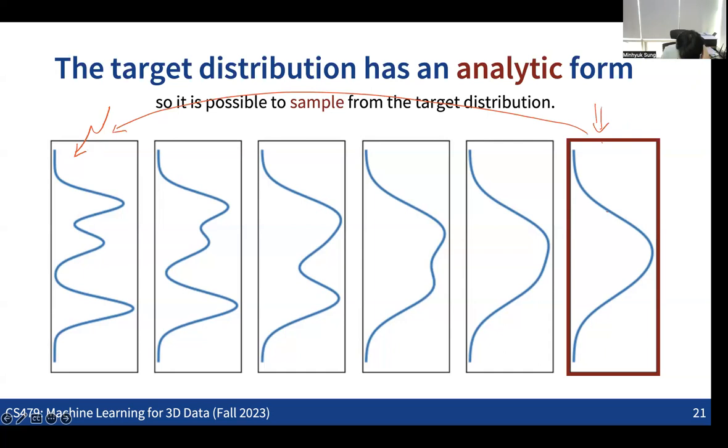For that, we first convert the data distribution into the unit Gaussian in a way that we can jointly learn the other way around, the mapping from the unit Gaussian to the data distribution. That's basically what we are going to do.